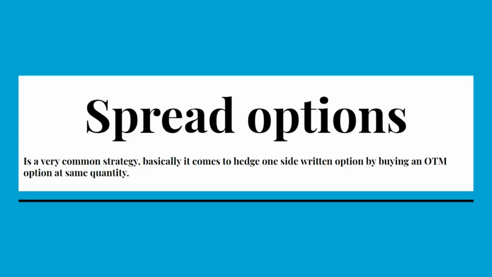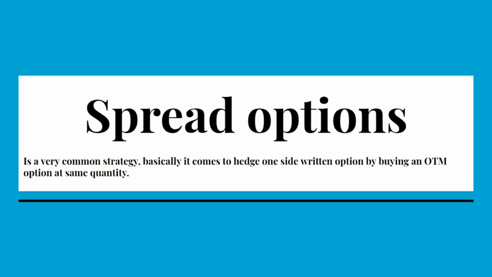We don't want to enter this, because if you remember the first class, where we spoke about writing options naked, that basically meant that if the market goes against us, we might lose an endless amount of money because we're not protected. We don't hedge anything. Nothing can come and help us. And that might be a very dangerous and not smart strategy.